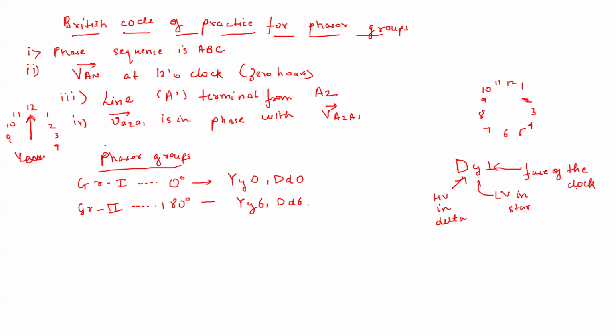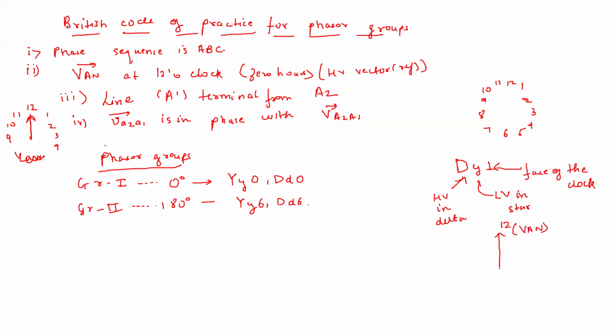As I said, this VAN is the HV vector, the reference. This HV vector we will place at the 12 o'clock position. And 1 means the location of the LV vector, small VAN, just as this is the location of capital VAN.